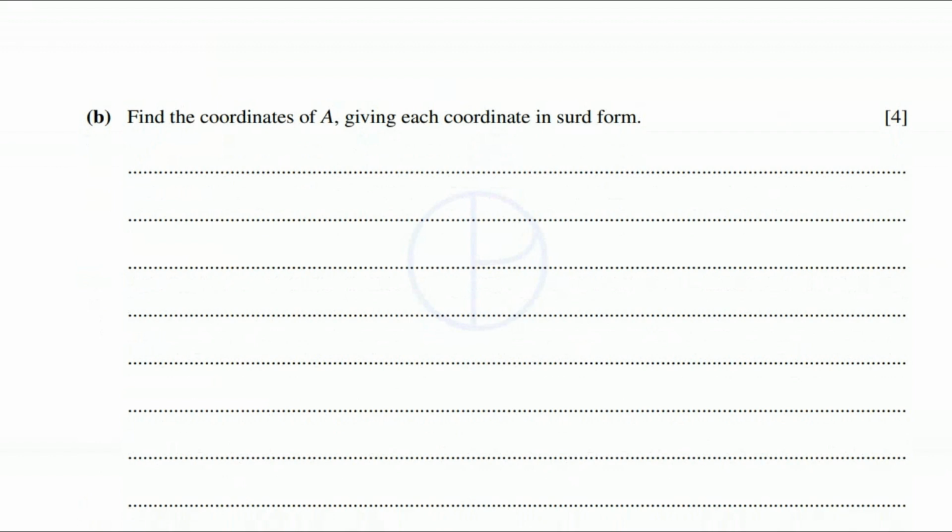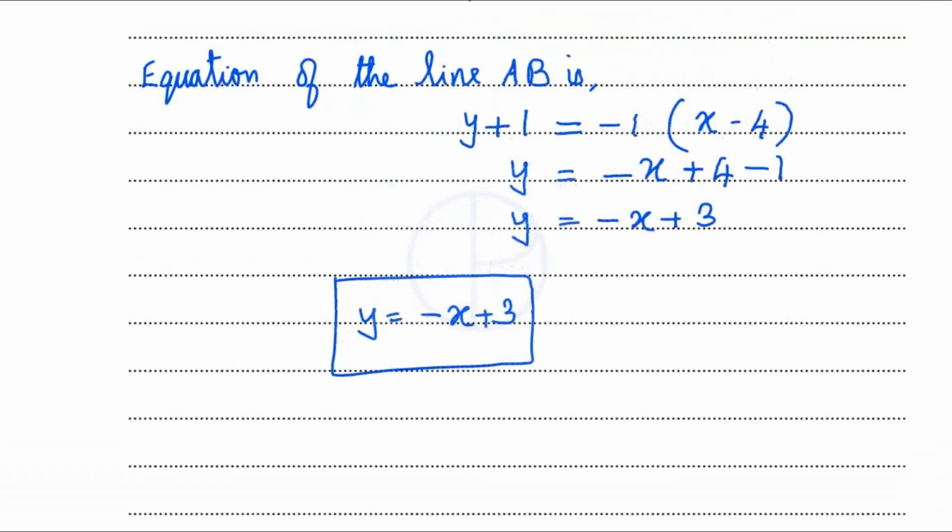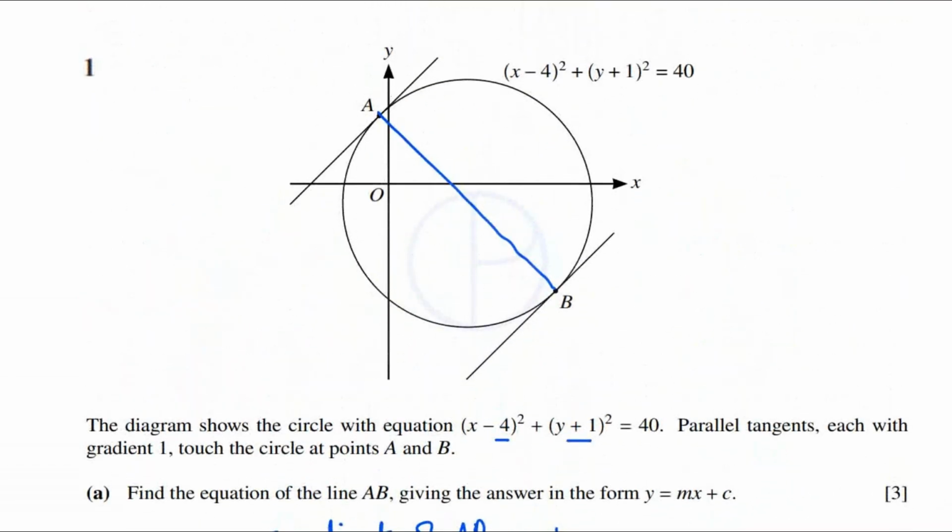The next question is, find the coordinates of A, giving each coordinate in surd form. We know the circle equation and we know the equation of the line AB. At A, the circle and the line AB intersect.